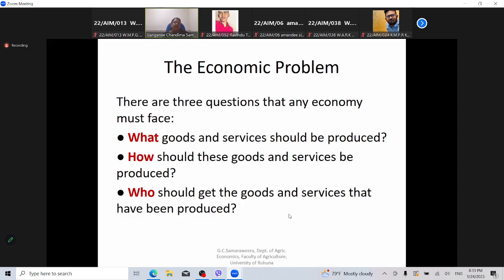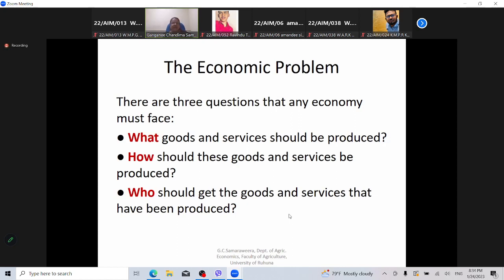Then, who should get the goods and services that you produced? Who are the customers of our goods and services? How do we have to produce them? What do we need to produce? If you know what to produce, how you should produce, and who your customers are, then your questions are solved.